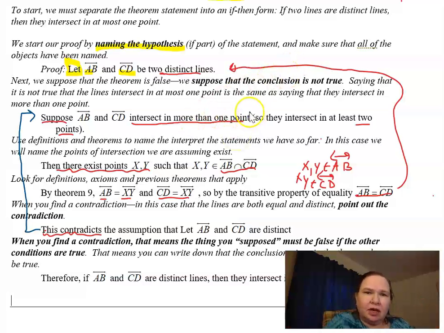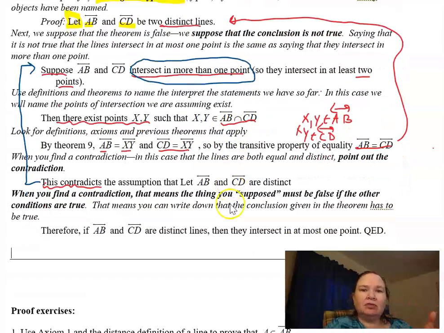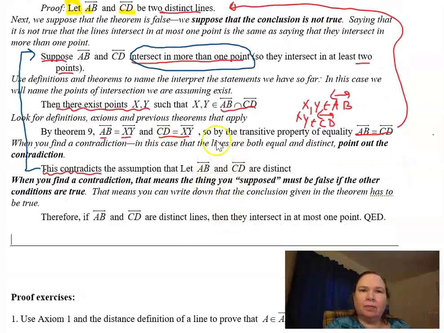So I can say, therefore it is not true that they intersect in more than one point. And if it is not true that they intersect in more than one point, then they have to intersect in at most one point. And so that's how you finish your proof by contradiction.